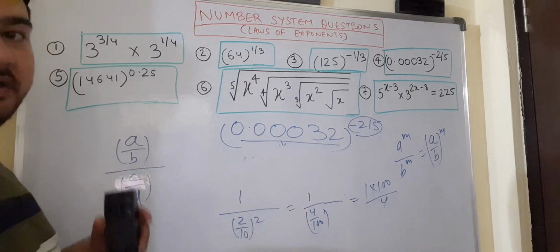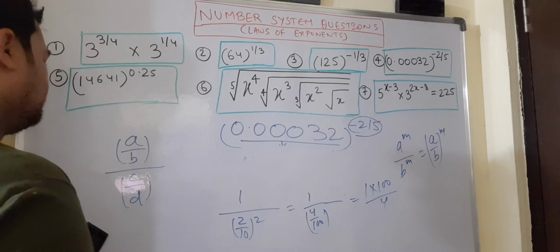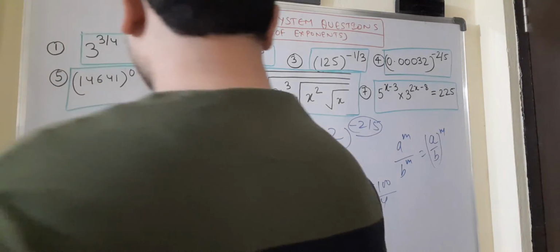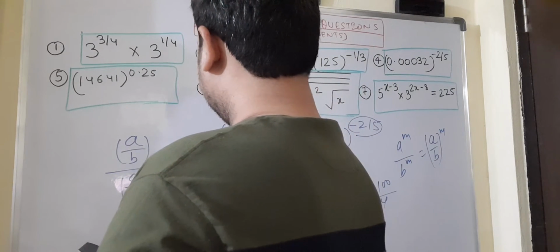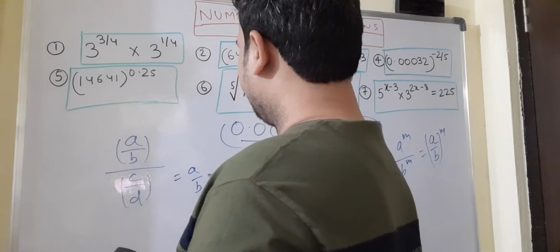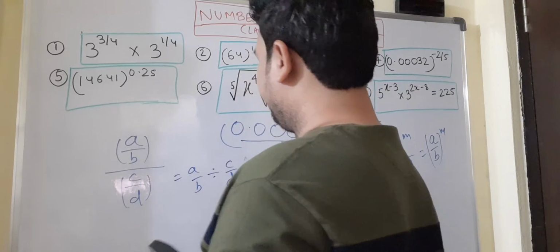One fraction is a by b, another fraction is c by d. This you can write as a by b divided by c by d.